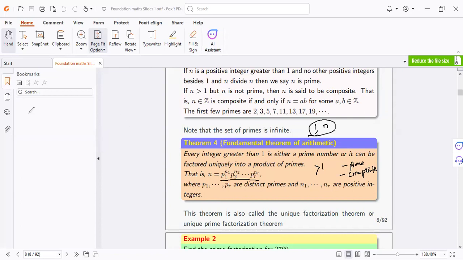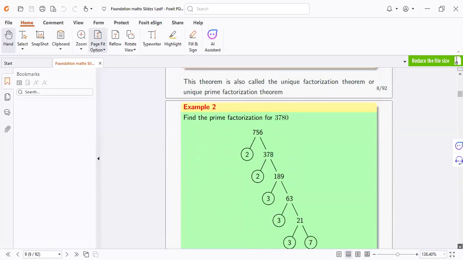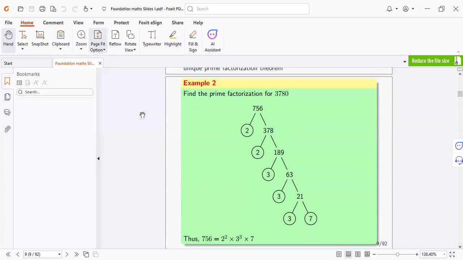That's what it means by composite number. And so what I've showed is how to factor composite numbers, which we did in high school or in primary.